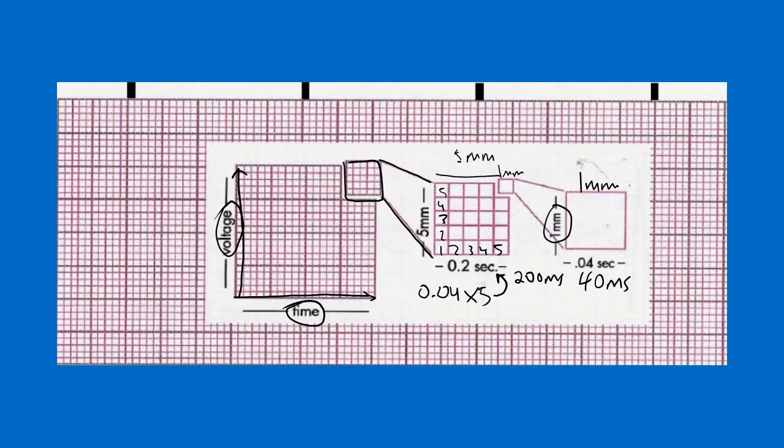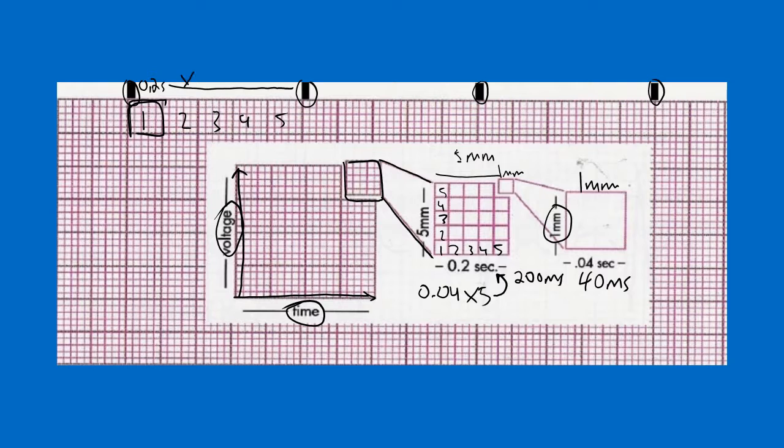Another thing to note on this slide are the black bolded marks at the top of the strip here. As you can see, there are, let's count them, 5 big boxes between each marking. And we said that each big box is 0.2 seconds across the top, and there are 5 here.